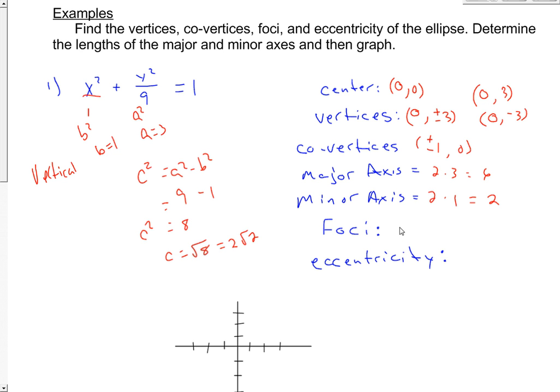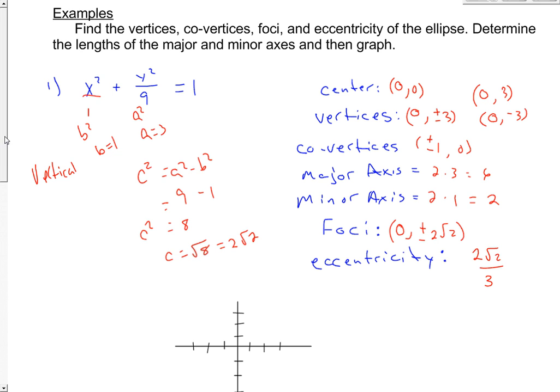So that's vertical. So that's going to add and subtract from the y value of the vertex. And I get positive and negative 2 times the square root of 2 for my foci. And for my eccentricity, I'm going to take the value of c, 2 times the square root of 2, over the value of a, which is 3. And so this is all my information. And now I am ready to graph.